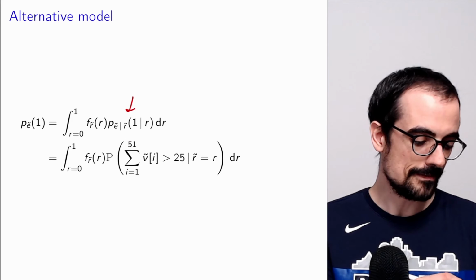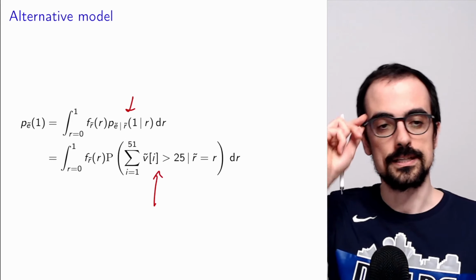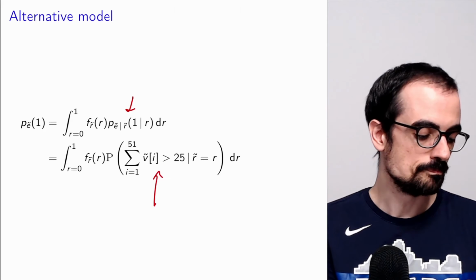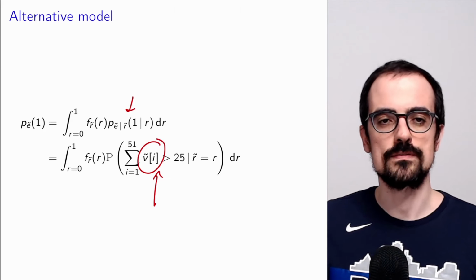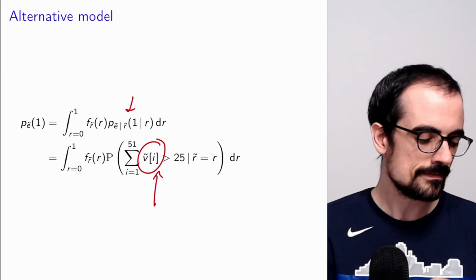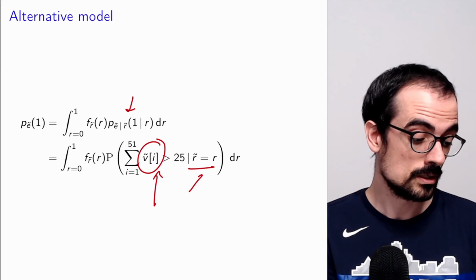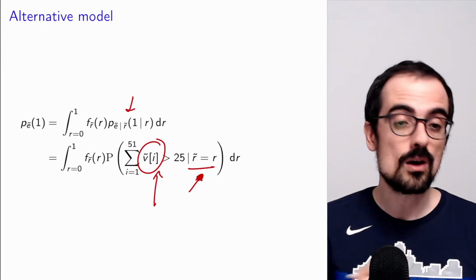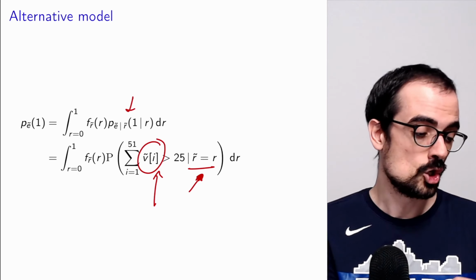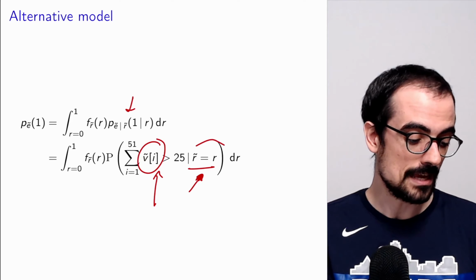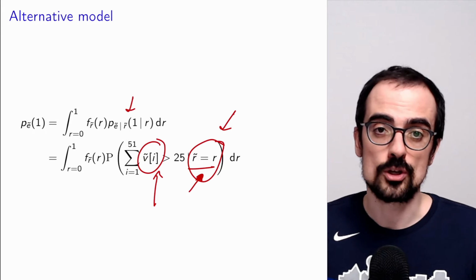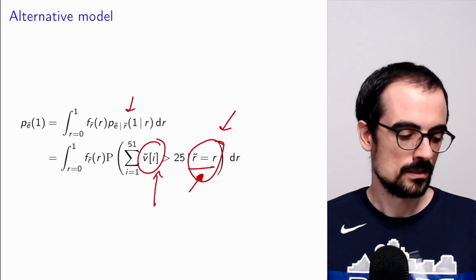Now, what is this equal to? This is equal to the event that the sum of the states won by the Republican candidate is greater than 25, conditioned on the turnout. And this is very important. So now here is where we're going to incorporate our assumptions. We're saying that all of the states share the same turnout, and conditionally on that turnout, they're all conditionally independent.